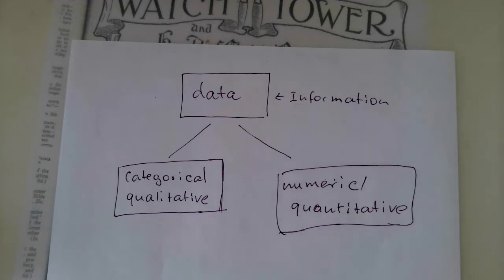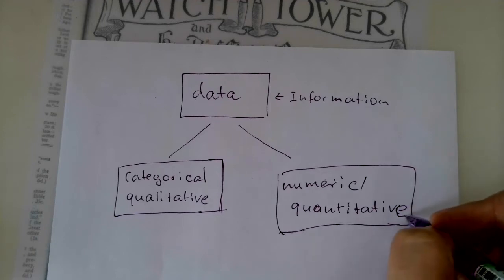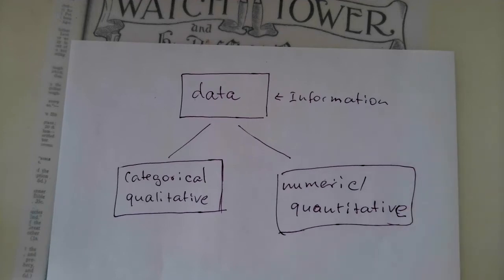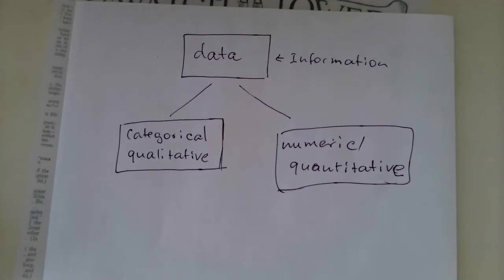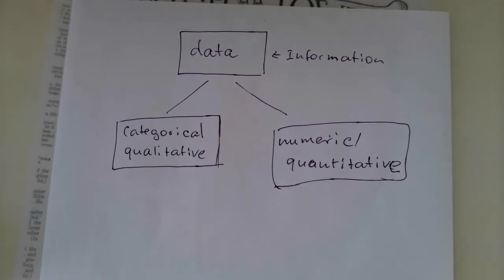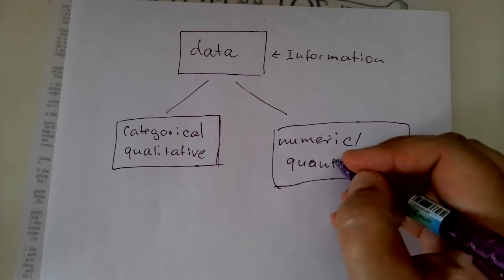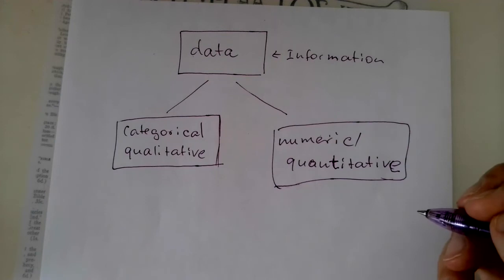Measurements like weight, counts, how many TV sets each household in California owns, for example, how many cars, how many people live in one household, how many children families have, the average weight of a whale versus a guppy fish. So all of this is numeric or quantitative data. The quantitative data comes from measurements.